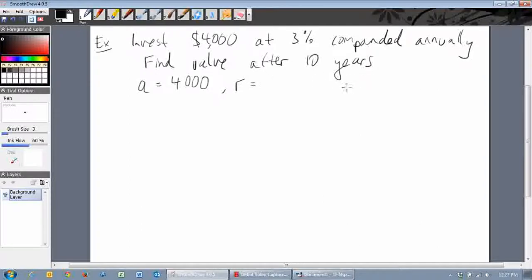Let me write down here: 3% means 3 over 100, which is 0.03, okay? And if you multiply your 4,000 by 0.03, it's going to become much smaller.